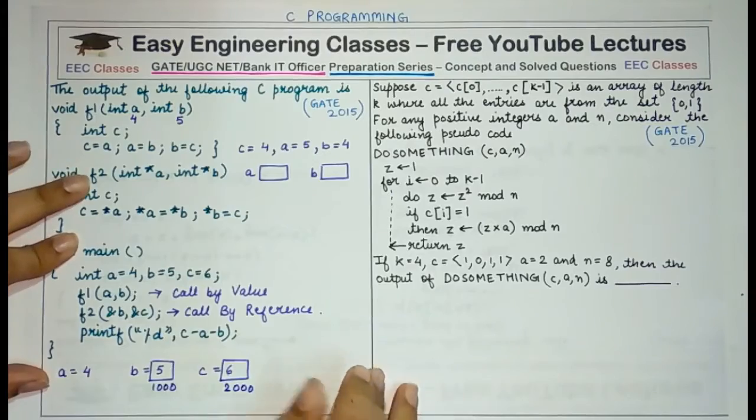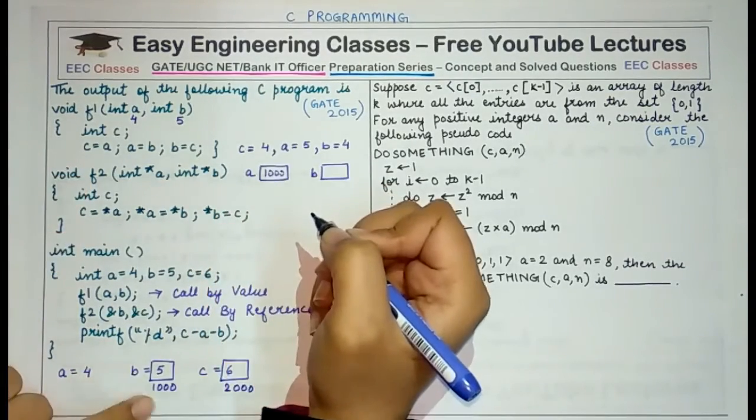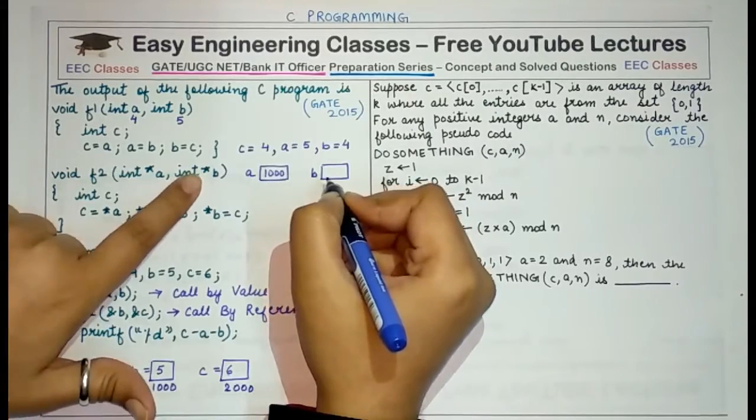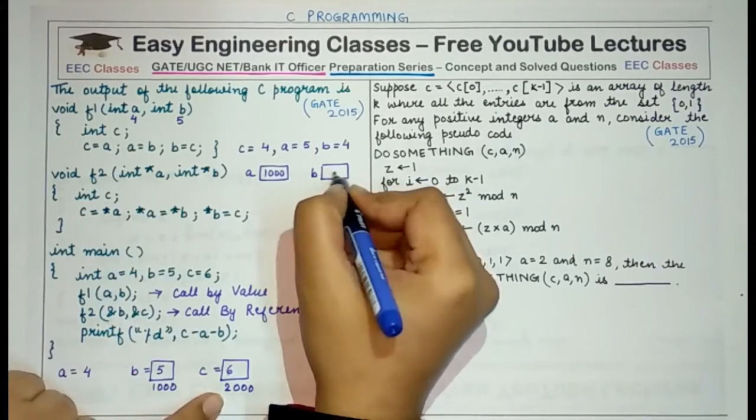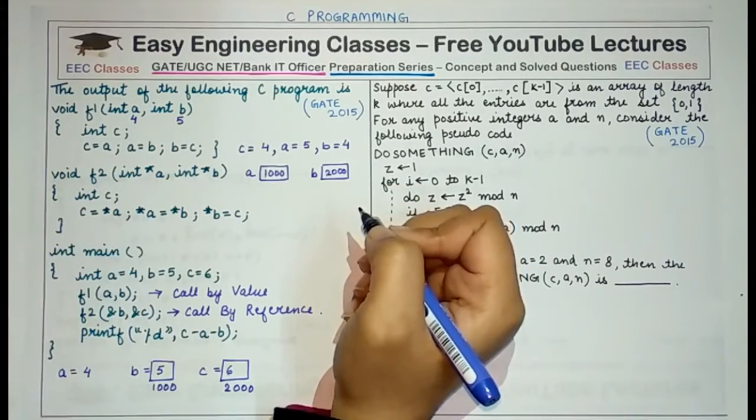So in f2, a would be assigned the address of b, which is 1000, and b here would be assigned the address of c, which is 2000. So the changes here would be reflected back.